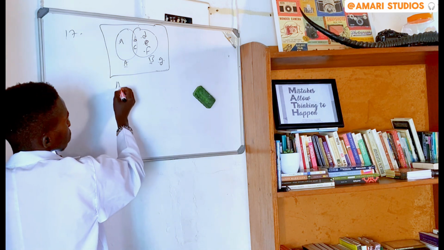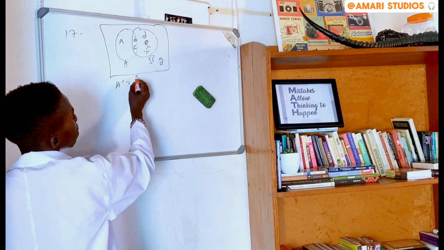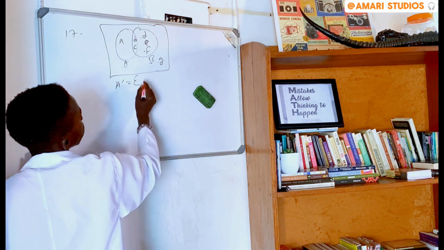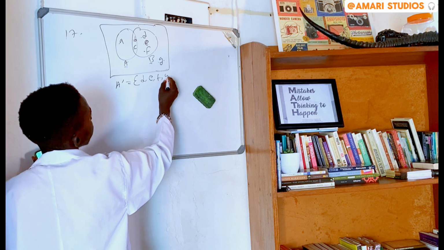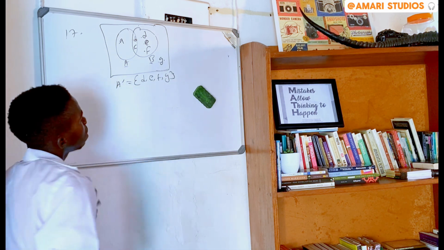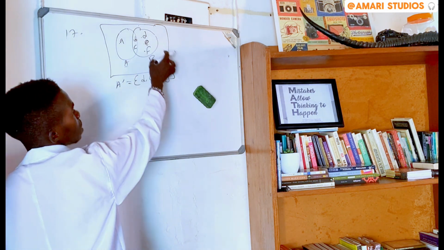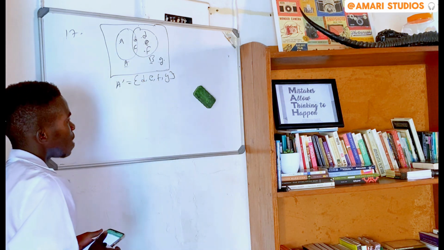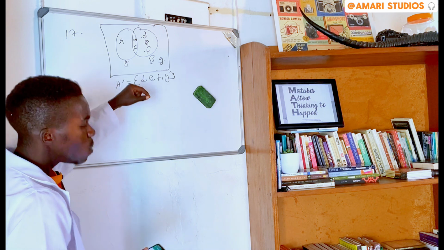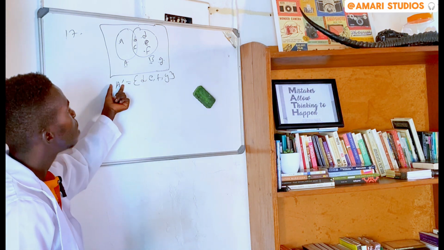So you're going to write it like this: you find a complement, and the complement there is D, E, F, G. These are the elements that are not found in set A. So the notation these guys were using was just a complement.